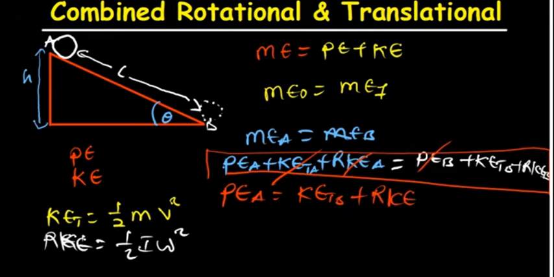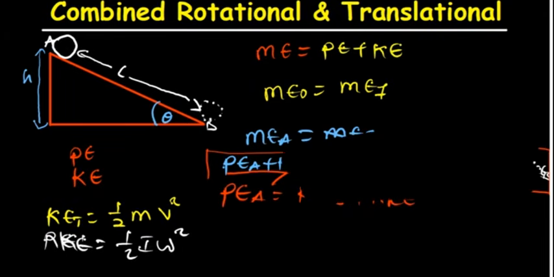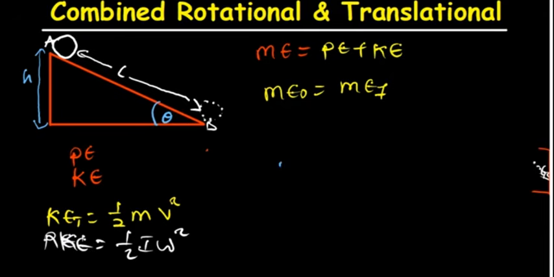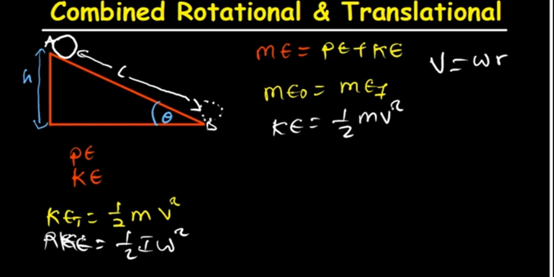Now let me show you where this formula is coming from. It is coming from the translational kinetic energy actually. I know that kinetic energy is given by half m v squared. Now when an object is moving, we expect to have angular velocity. Linear velocity is given by angular velocity times the radius.